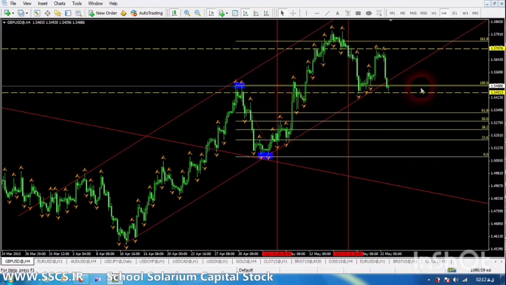So when it breaks the 61 level, I expect it to reach my 100 level. When it reaches the 100 level, it's going to have a retracement again up until the 61 level. So the price is going to have fluctuations between these resistances.